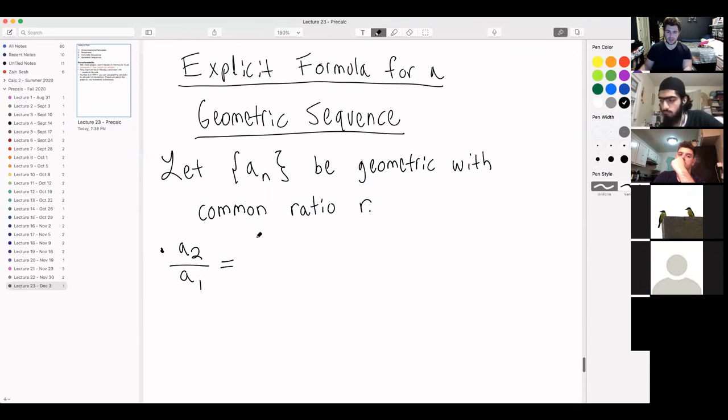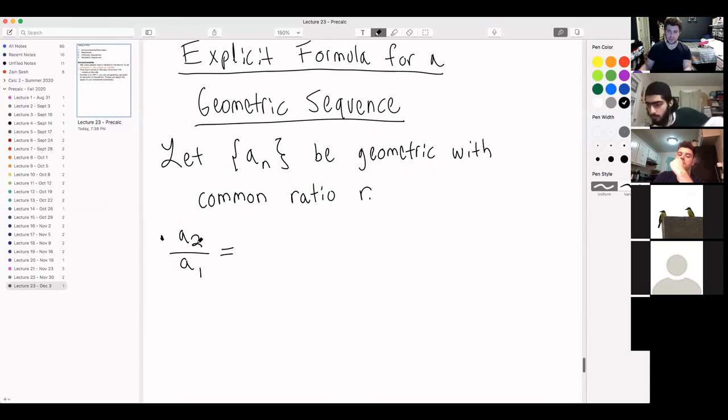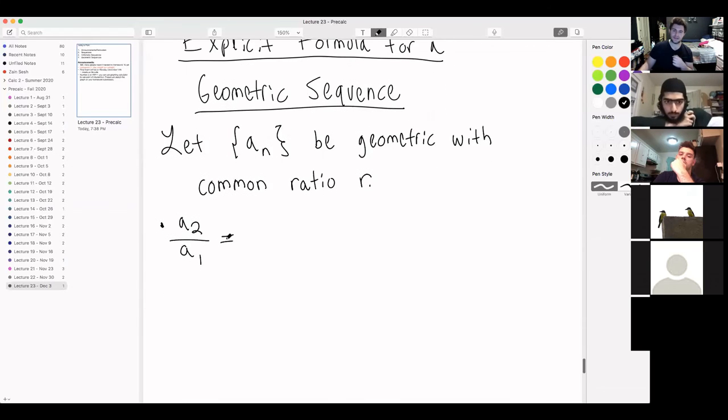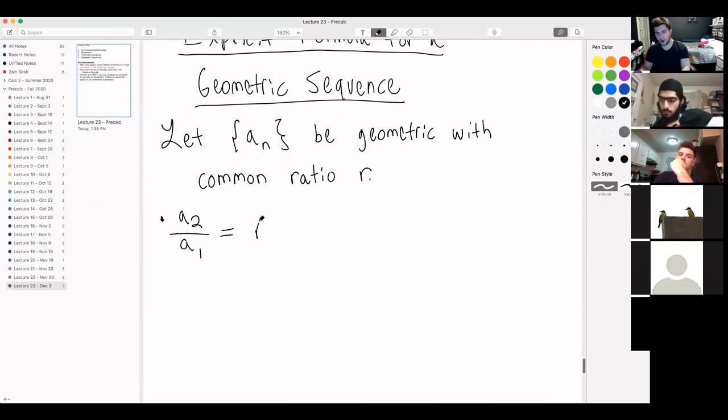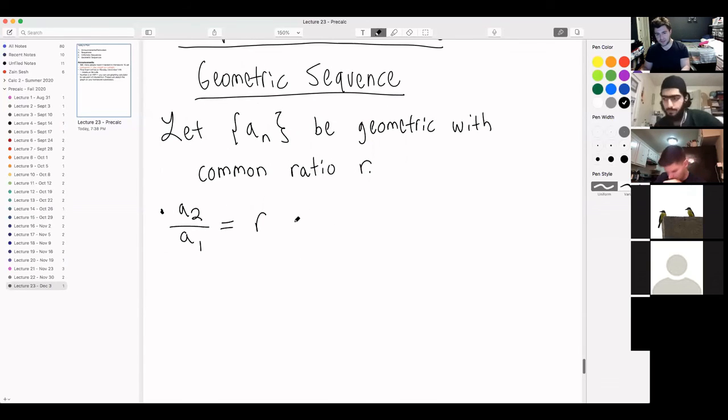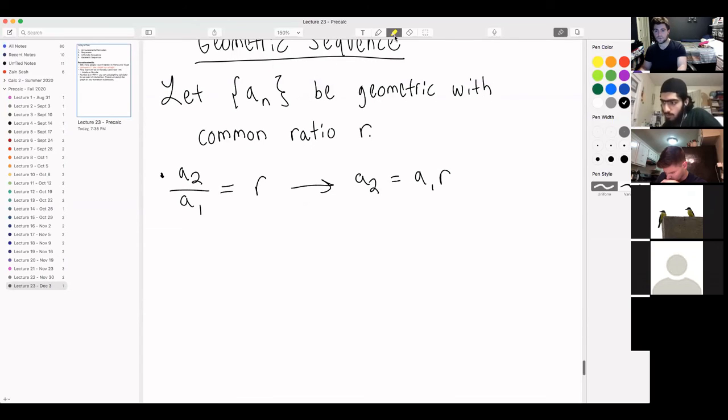So I know that when I divide a term by its previous term, it's going to be the common ratio R. That's the definition of common ratio. So this would be R. And then this will imply, if I solve this for A2, A sub 2 is equal to A1 times R. Okay, so that's that.